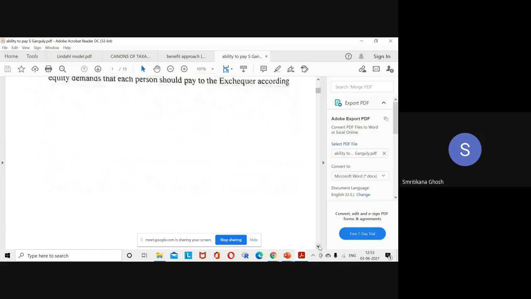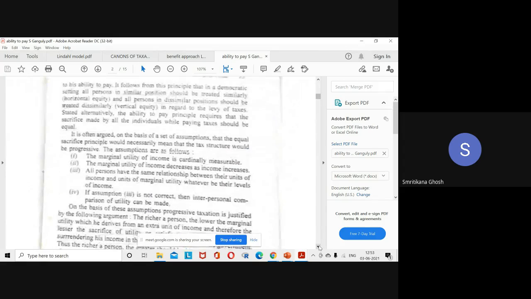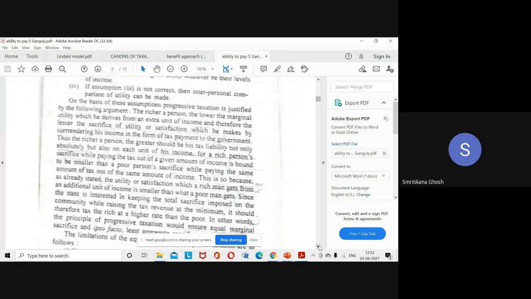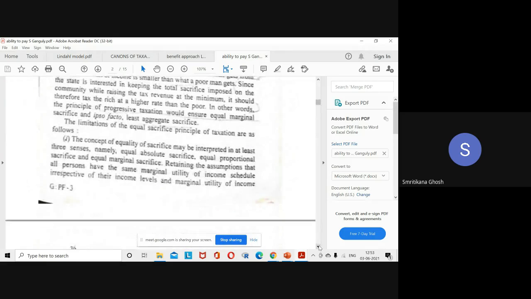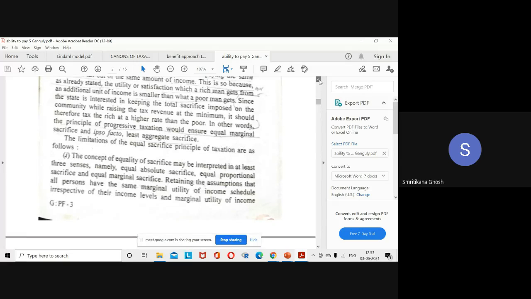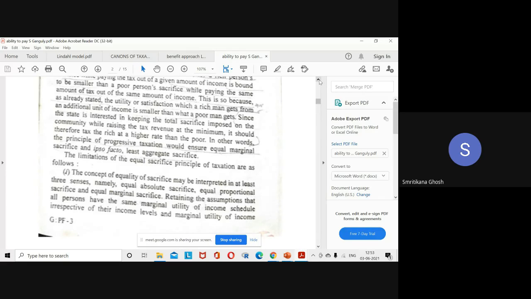So what is the equal sacrifice principle? Those assumptions we have already explained. Now, the equal sacrifice principle, initially, is very hazy, I should say. Equal sacrifice could mean that if a rich person is paying 10 rupees tax, then the poor person is also paying 10 rupees tax. You can say, okay ma'am, this is equal sacrifice, the sacrifice is the same, 10 rupees.